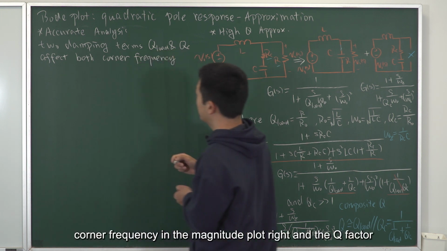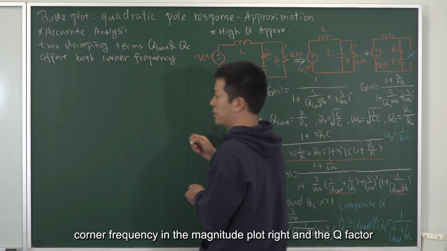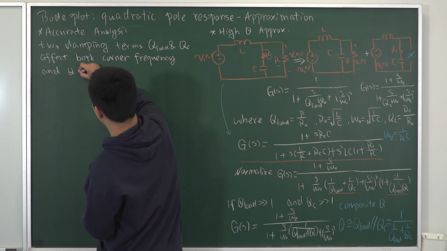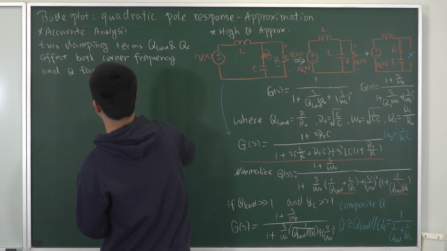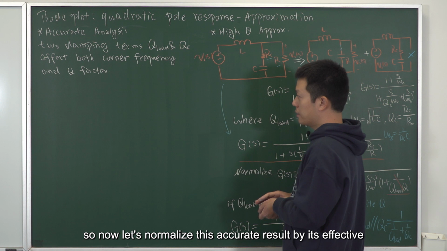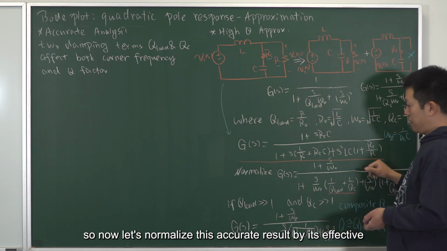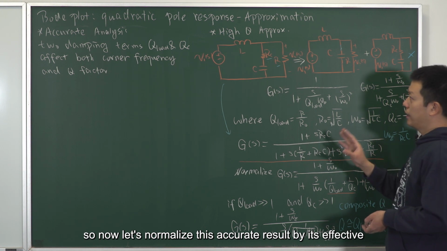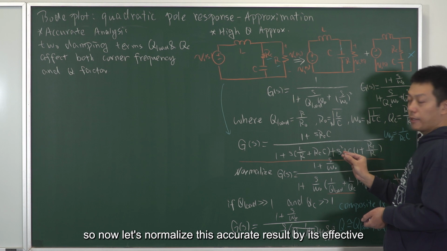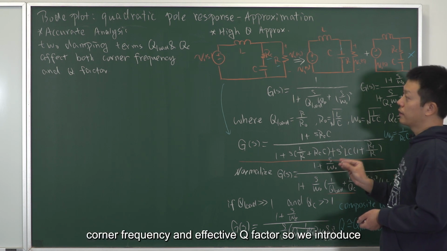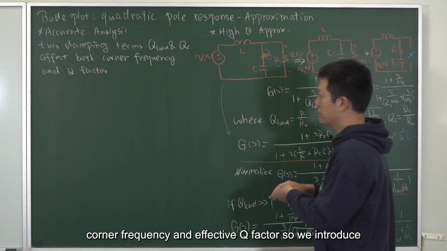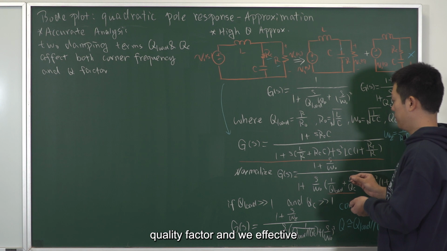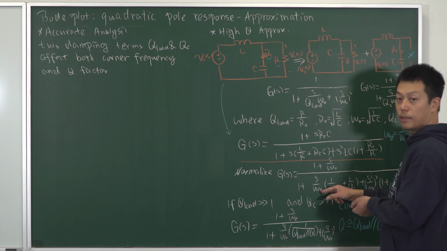Corner frequency in the magnitude plot, right? And the Q factor. So now let's normalize this accurate result by its effective corner frequency and effective Q factor. We introduce QE as the effective quality factor and omega E as the effective corner frequency.